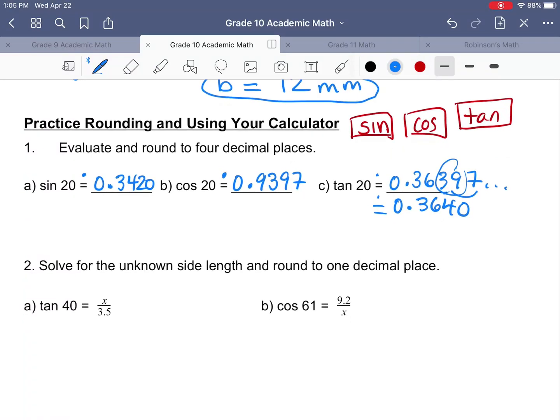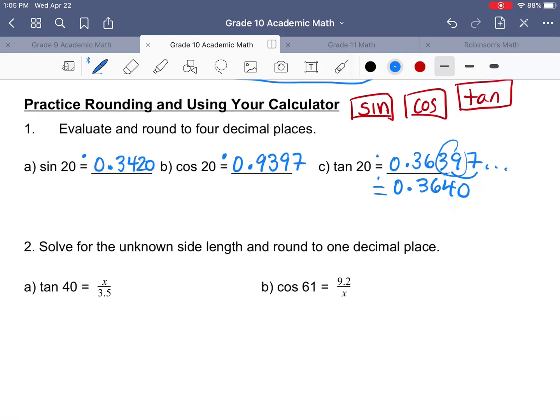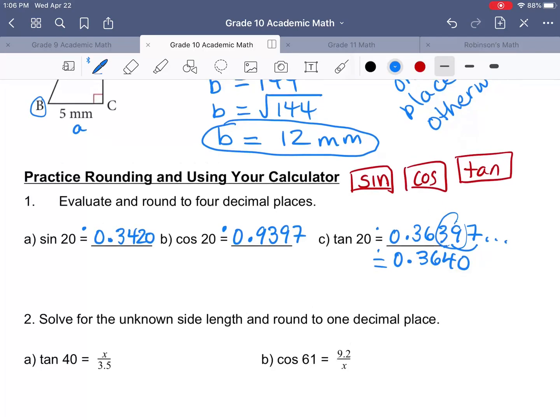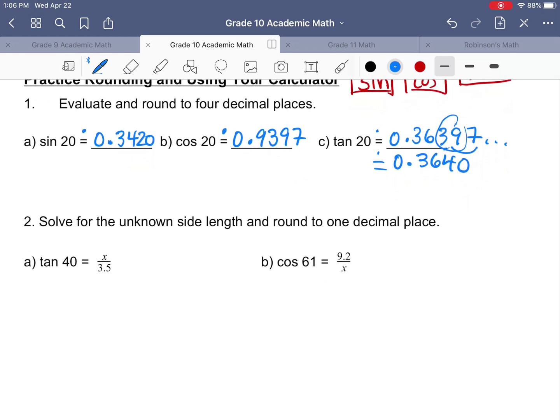Okay, let's look at example 2. This would be if you're solving for an unknown side length. Again, we're not going to put the triangle here just yet, but this is just practicing how to do some calculations and getting some good practice using our calculator. So part A, we have tan 40, and we don't split up the tan and the 40. They are like 1 unit.